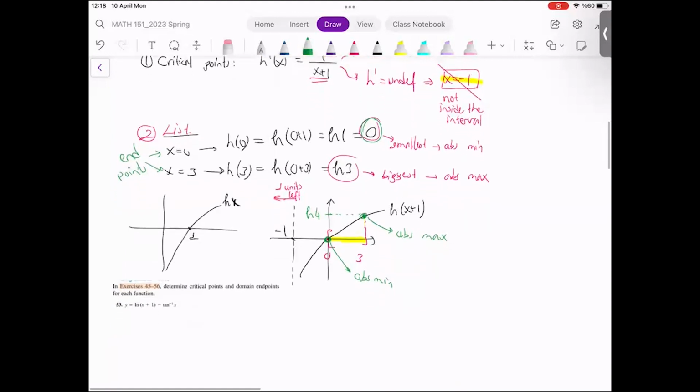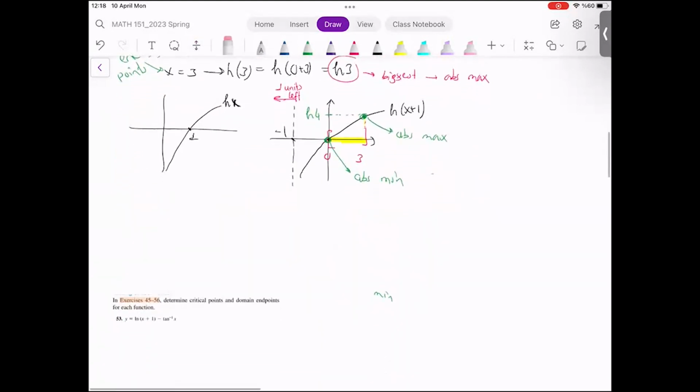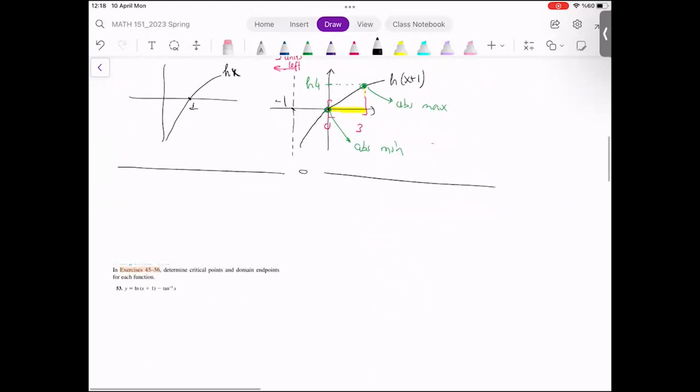Okay, let's move on. Maybe we can choose one more example from this group. Okay, let's choose one. This is also a nice one. 39.